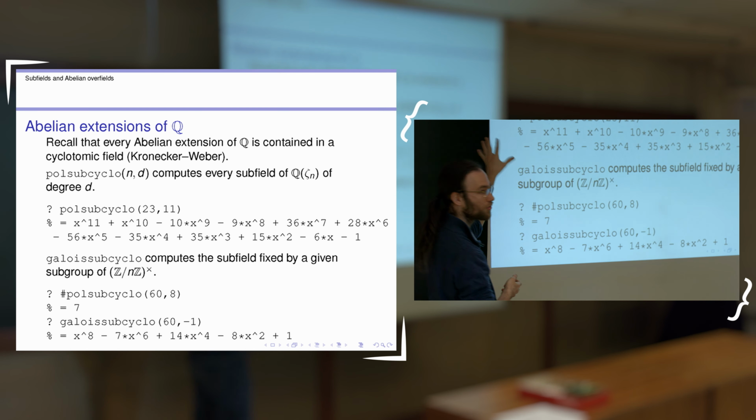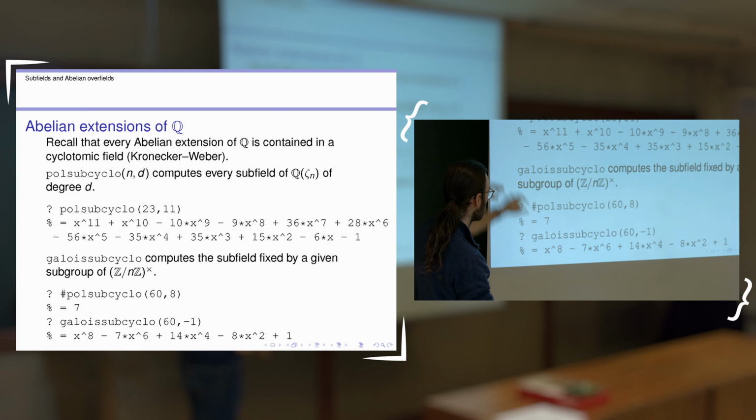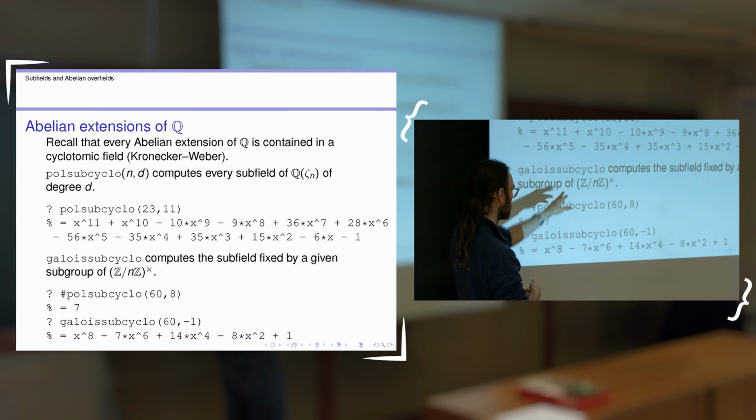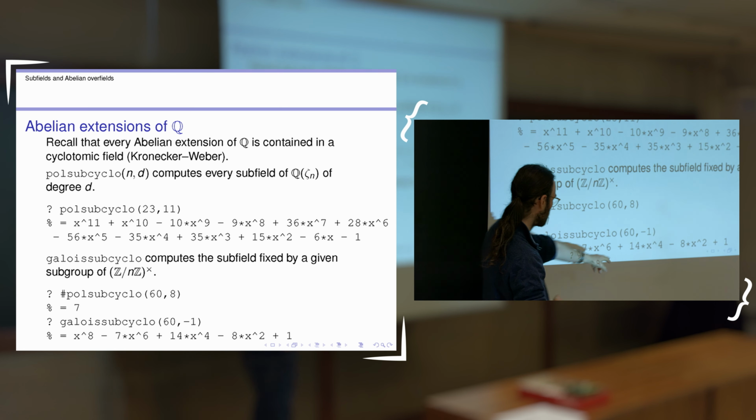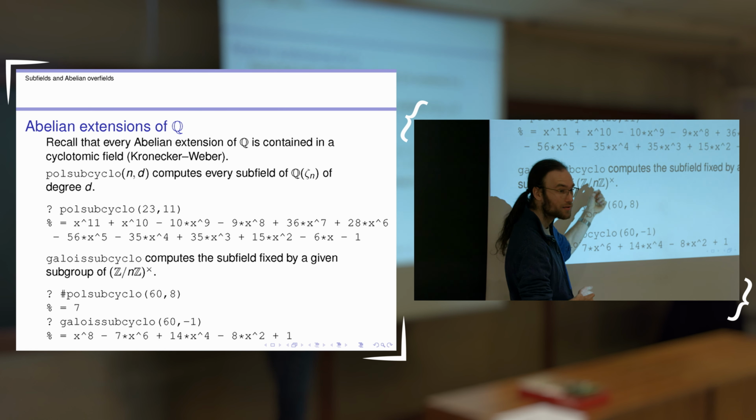But if you want something more precise, like if there are several subfields of a given degree and there's a single one that you're interested in, you will probably want to use galoissubcyclo, which allows you to specify one specific subfield fixed by a given subgroup of (Z/nZ)*, which you can specify by generating elements as actual integers mod n.